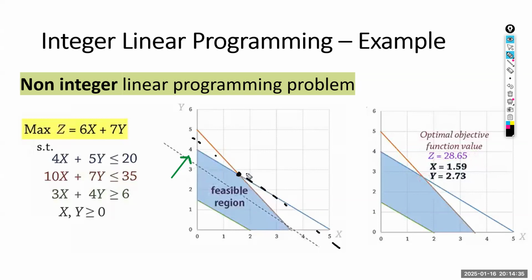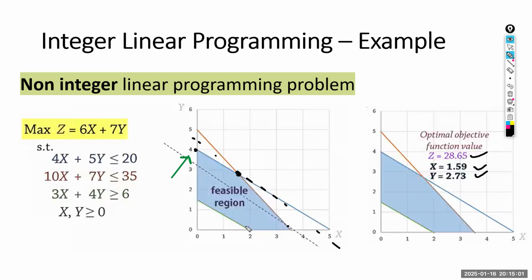And this is your maximum value. Remember, the maximum value is always at one of these corner points. And you can find what the x and y values are, and for that x and y value, what your z value is. That is either the graphical method, or today we discussed the simplex method. Suppose for this one, the graphical method is good enough. You can find it.